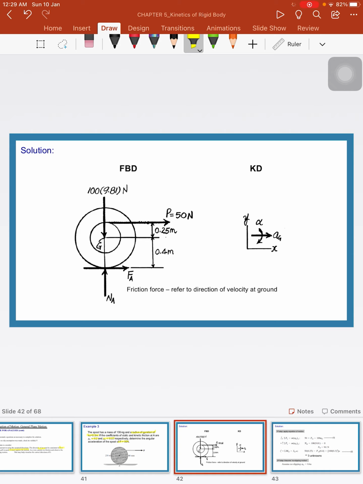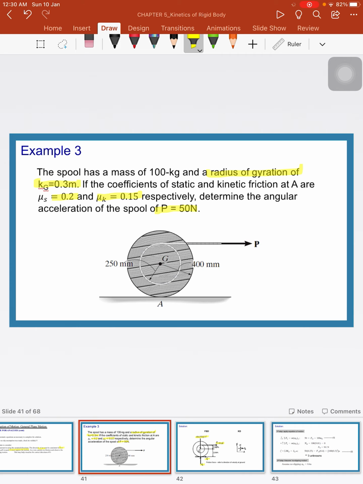So first thing first, you need to draw the free body diagram. Normal force, and then friction force, P, and weight.